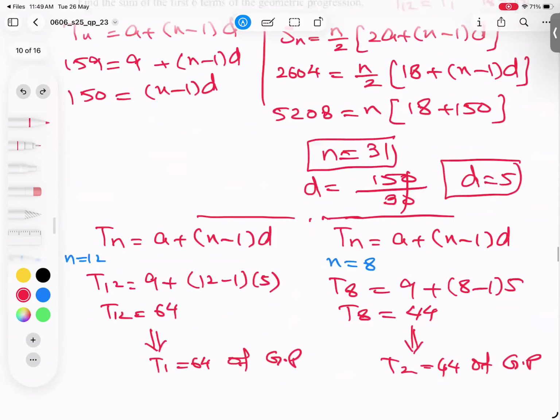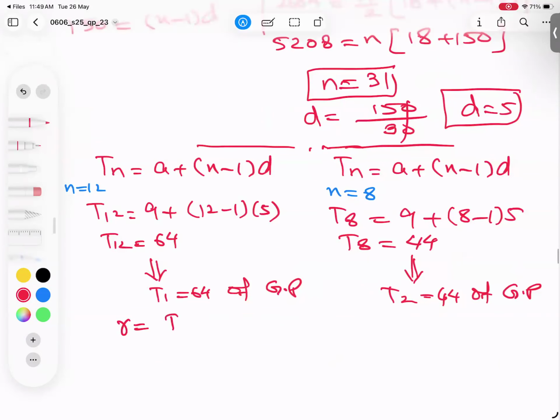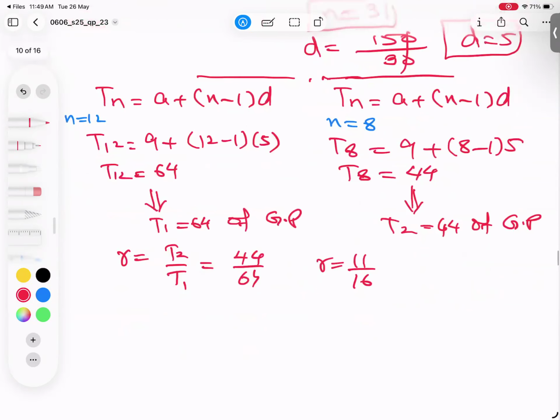And you know it very well, the common ratio is the second term divided by the first term. So 44 divided by 64, I'm getting 11 over 16. And the sum formula is very clear because this value is less than 1.